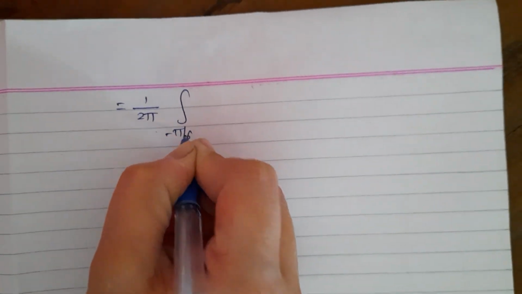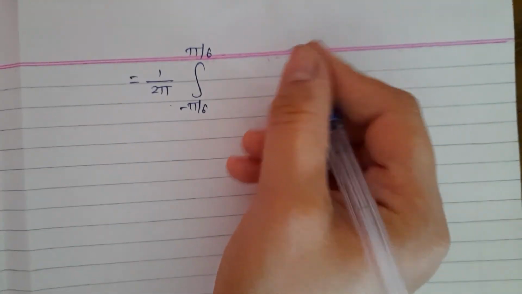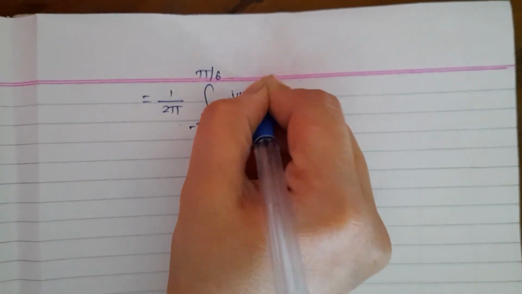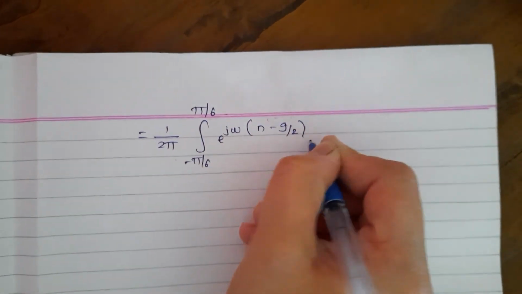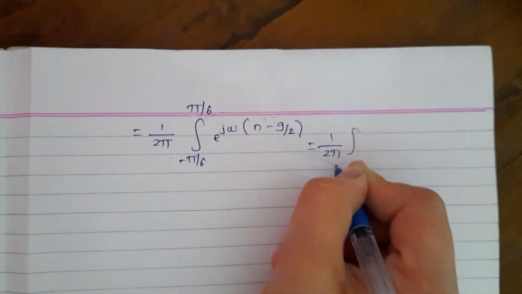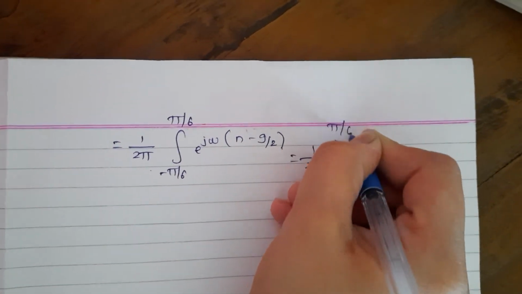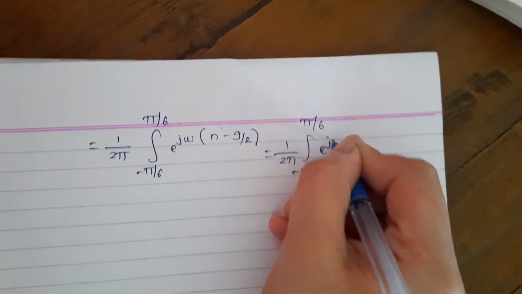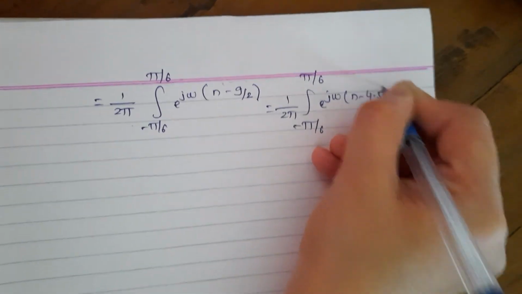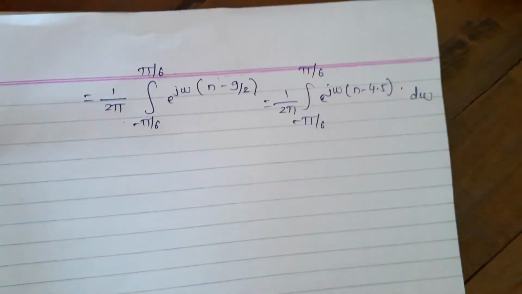Then that is equal to 1 by 2 pi integration minus pi by 6 to plus pi by 6 e raised to j omega into n minus 9 by 2, that is 1 by 2 pi e raised to j omega into n minus 4.5 d omega.